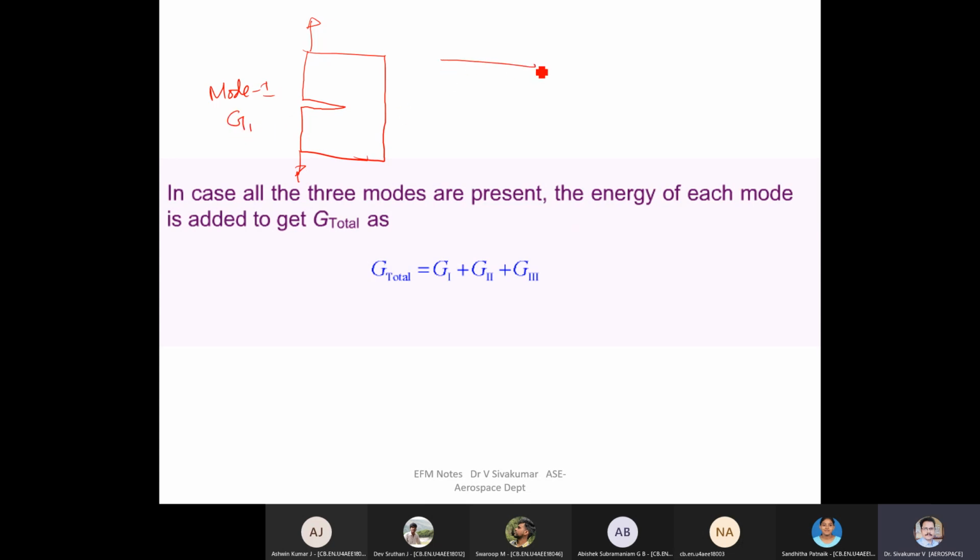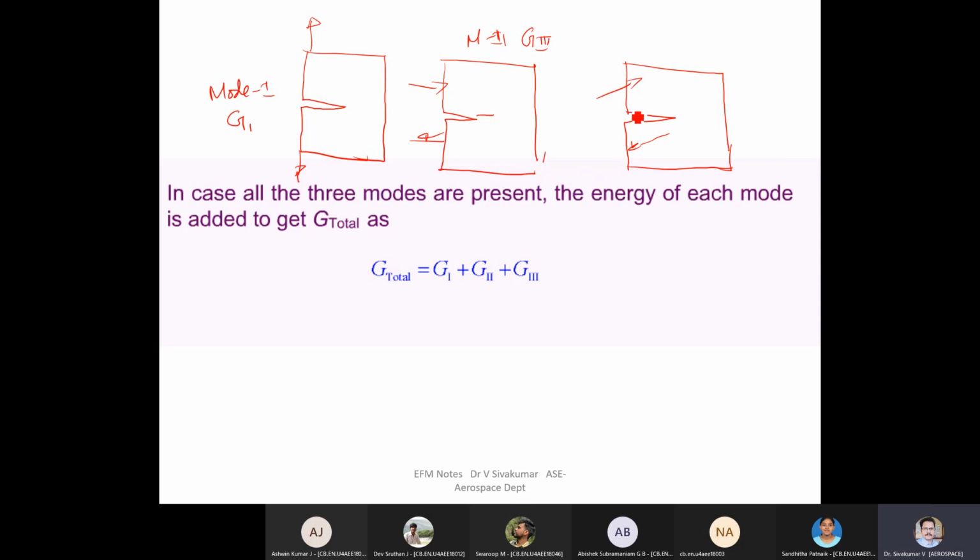Suppose you have the same thing, but the load is acting like this. Then slip will happen like this. Then this is mode 2, completely ruled by G2. Similarly, if you have tearing mode, here the force is acting like this.